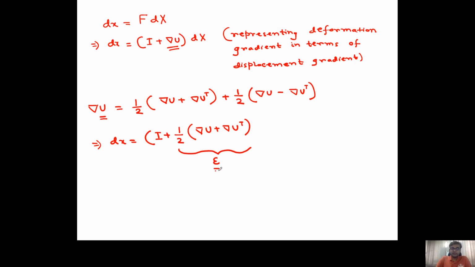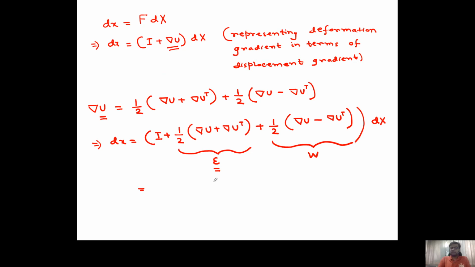Then we have half of grad of u minus grad of u transpose, and this term we represent by W. Outside we have dX.